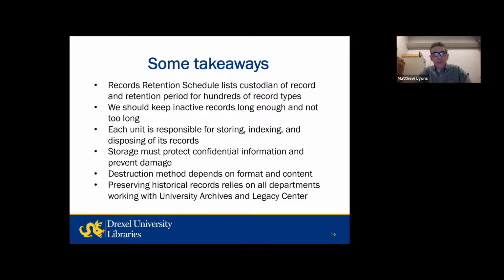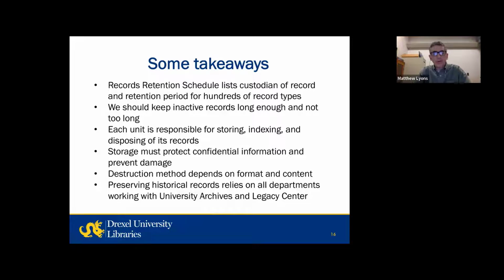Let me now summarize a few key takeaways from this presentation. The records retention schedule lists the custodian of record and retention period for hundreds of record types. That means after a record has become inactive, the schedule spells out which unit has sole responsibility for keeping that record and how long they should keep it for.